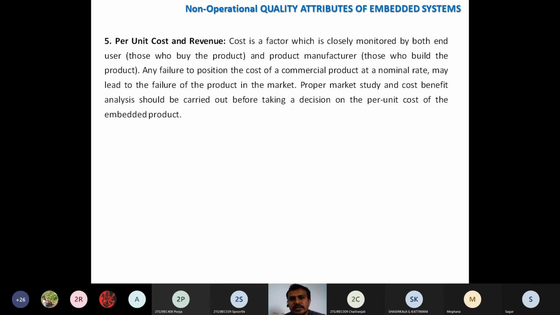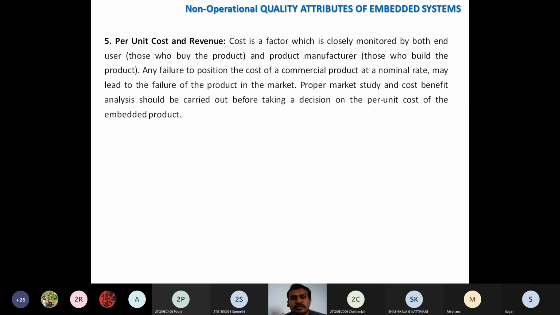Any failure to position the cost of a commercial product at the nominal rate may lead to the failure of the product. Based on the requirement, this is a key factor: cost per unit, not the complete product, per unit. So per unit, what will be the cost?